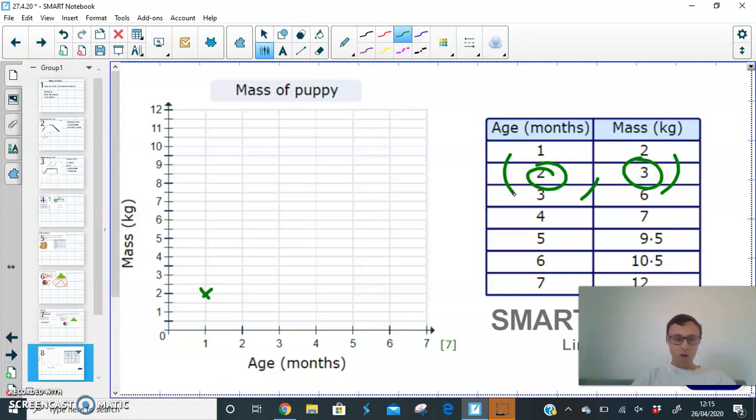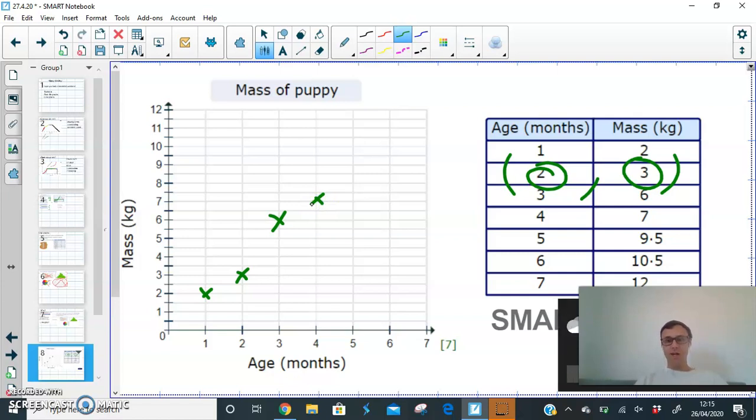Go along 2, up 3, okay, and I go 3 along 6 up, so that was quite a big rise there. 4 along 7 up, and then not a big rise between age 3 and 4 months, okay. And then you would plot those, and that's easy to do. You'll be fine with that because you're all good scientists, okay?